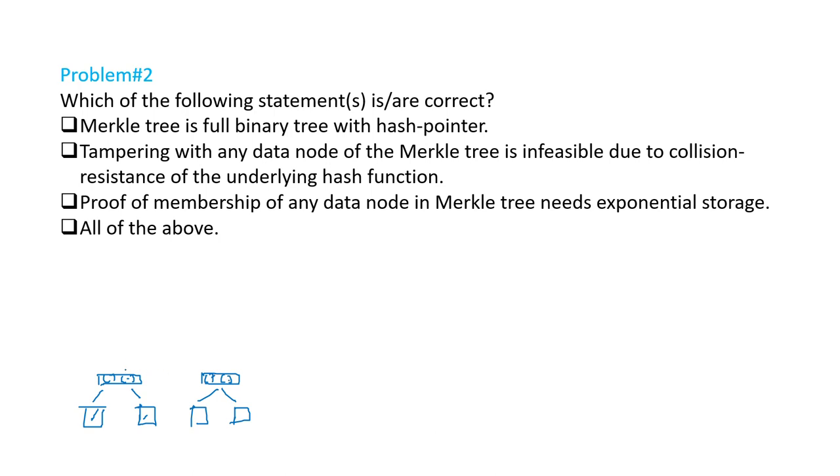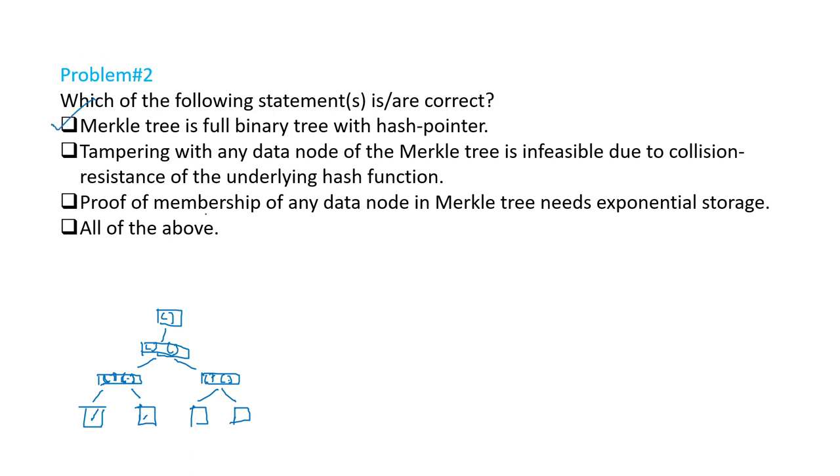You concatenate them, and then you again hash this whole block and store it here, hash this whole block and store it here, and then the final hash value is at the root node, okay? So this is indeed a full binary tree, and all these nodes actually contain hash pointers to their child nodes, okay?